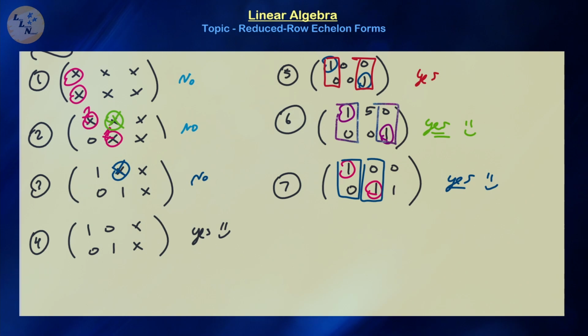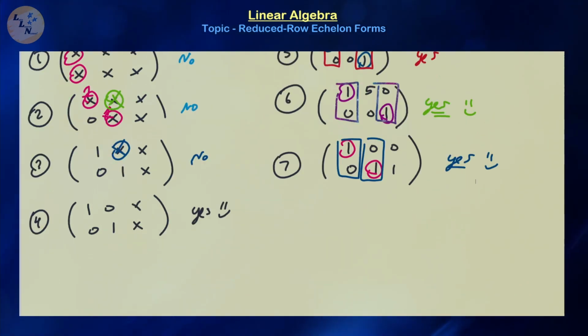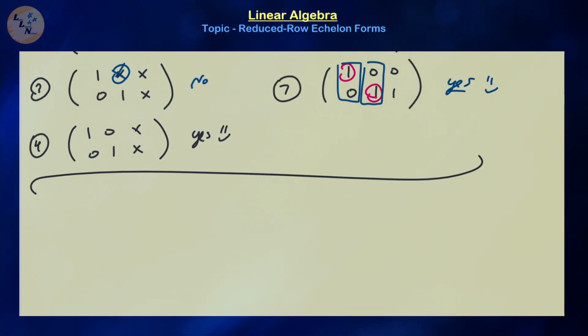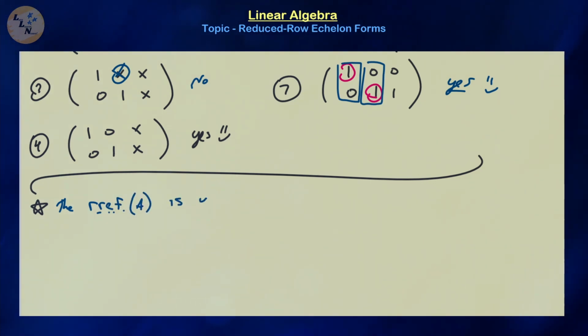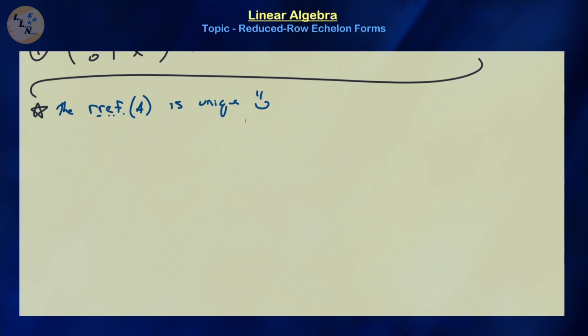Okay. Now, what are some special properties of reduced row-echelon forms? Let's quickly list them out here. Special property number 1: the reduced row-echelon form of a matrix A is unique. I'm not going to prove that here, but that's definitely a very useful theorem to know.